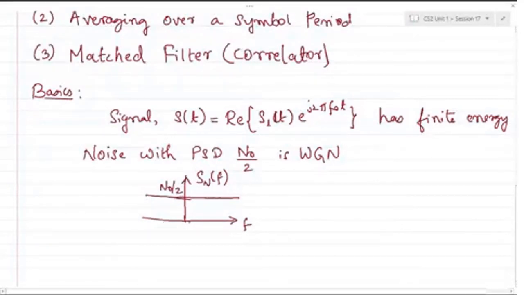Because it is Gaussian, but the spectral density should be constant and flat. This N0 by 2 means the noise is spread over a mean, which we consider as 0, so it's N0 by 2 on the two sides. It's a dual sided power spectral density.